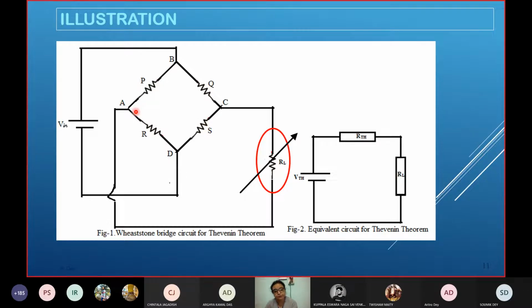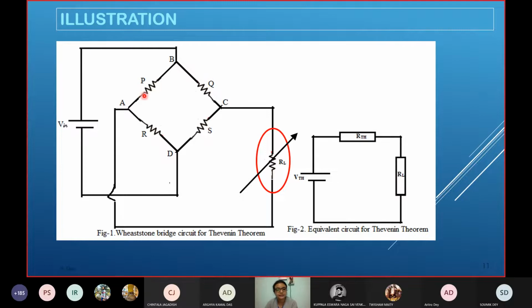Can you tell me what would be the equivalent resistance across A and C? If this is shorted, B and D are shorted. Then P and R will be in parallel to each other, and Q and S will be in parallel to each other.